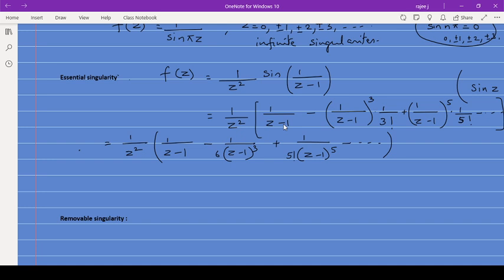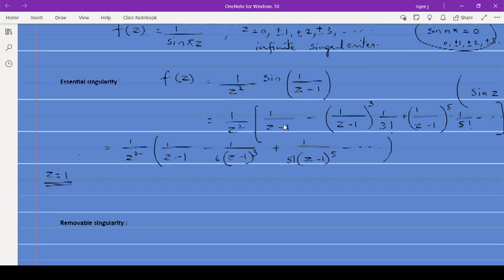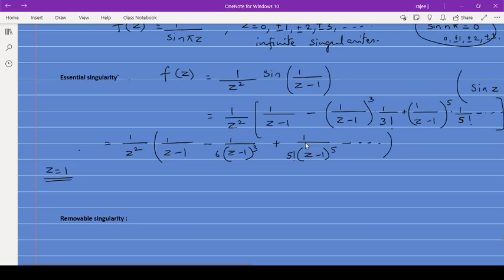Z equal to 1 will stay there every time. So z equal to 1 is an essential singularity there, and that cannot be removed. For this, I will give a small example later.